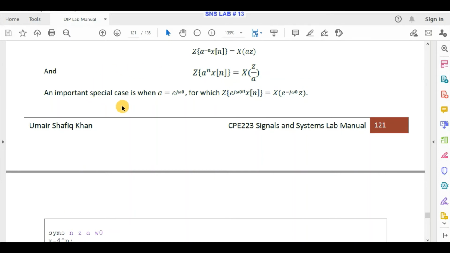And then there is another special case which states that if a is equal to exponential j omega naught, in that case we will get a signal which will be multiplied by this exponential in z domain.